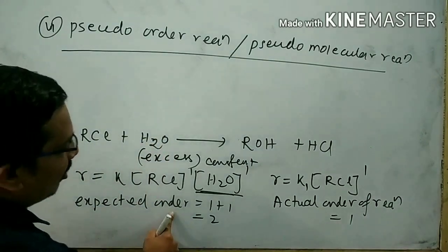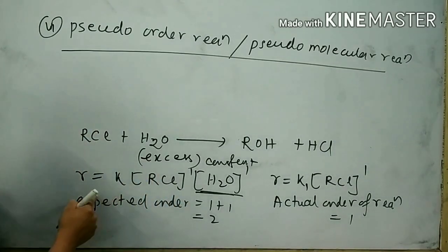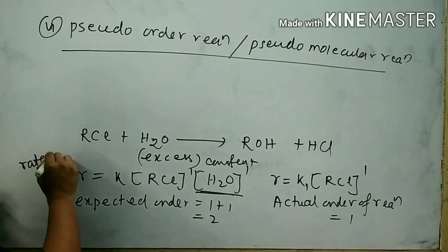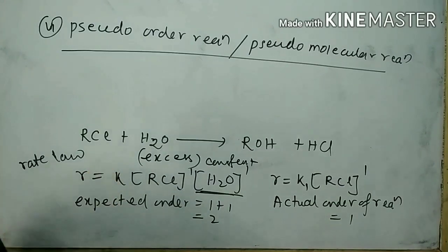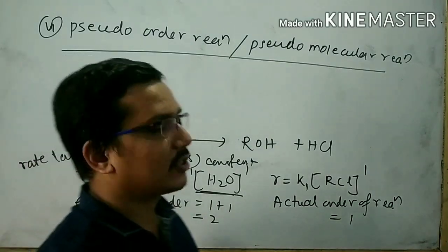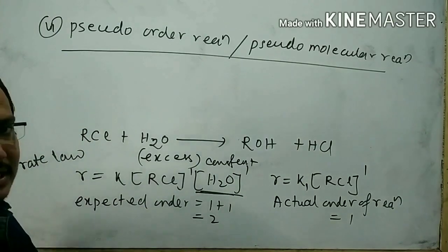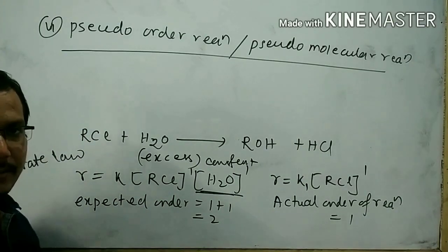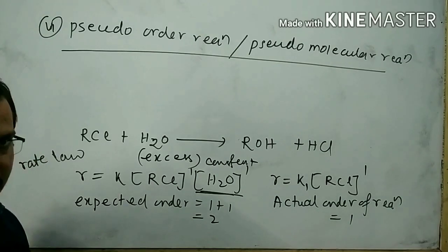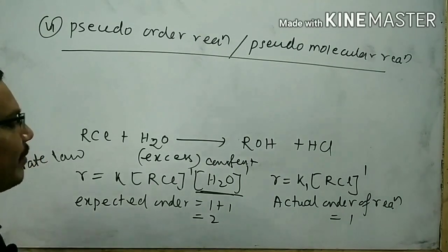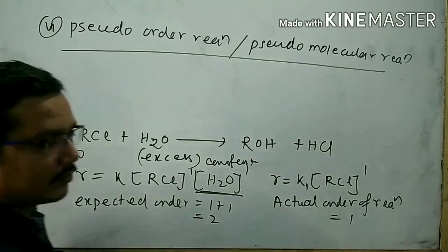This expected order of reaction can be calculated with the help of the rate law. This reaction is called a pseudo order reaction or pseudo molecular reaction. The reaction in which the actual order is different from the expected order, and the expected order is calculated with the help of the rate law.